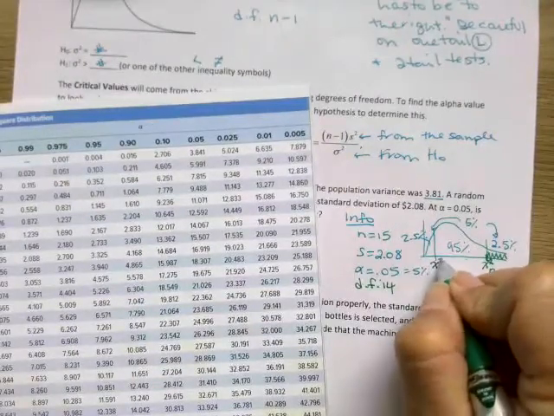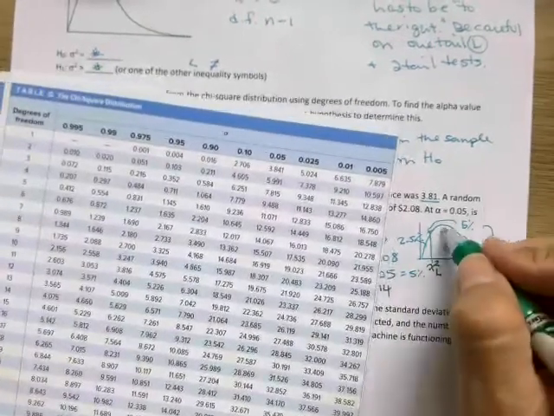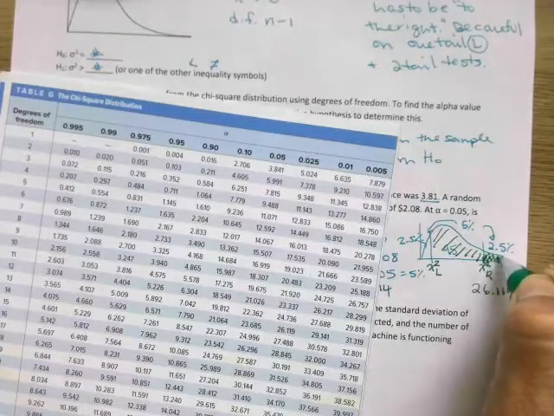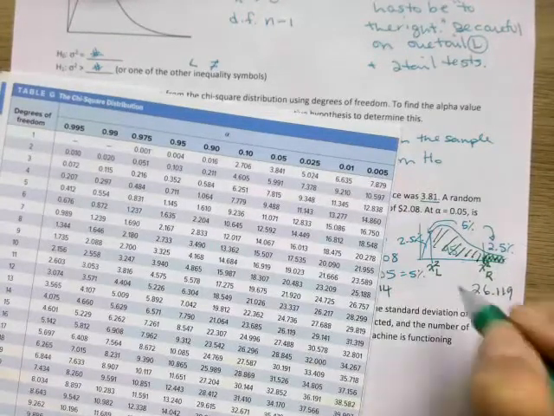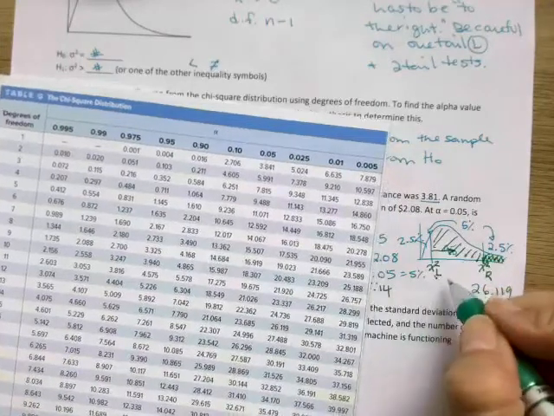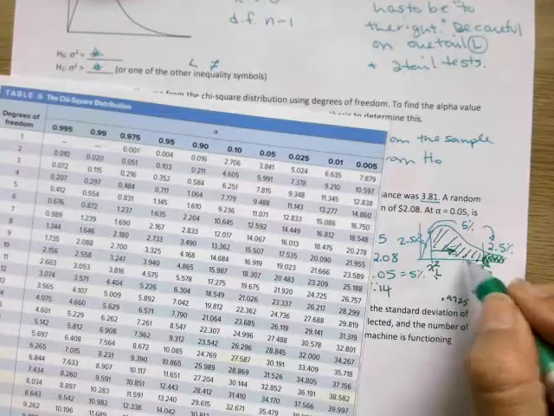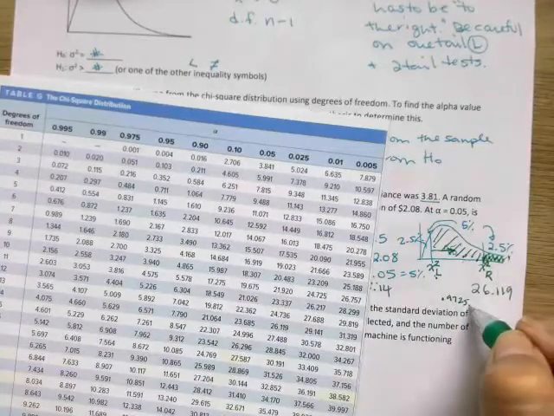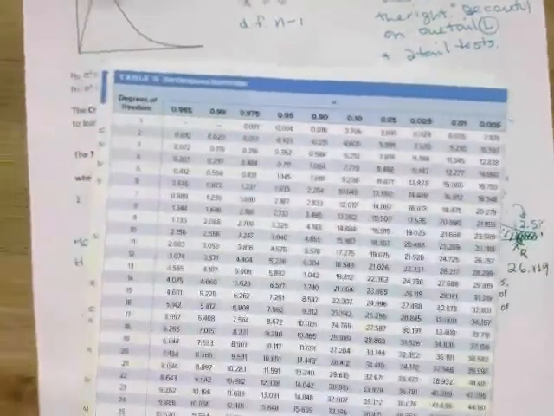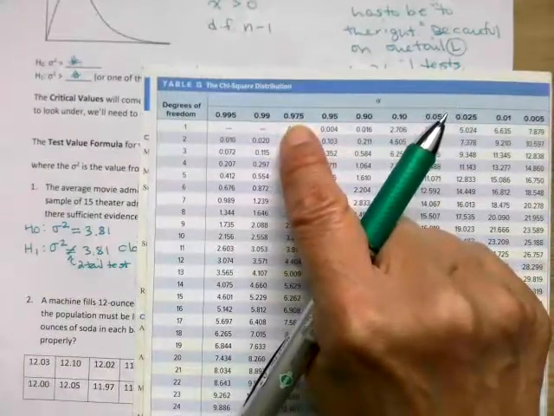Now for the chi-square left value, the area to the right of that line is the 95 in the middle plus the 2.5 over there on the right. So the area I want to look up to get this chi-square value is 0.975. The 95% plus the 2.5% gets me that 97.5. I know it's getting kind of crowded in there. Sorry about that. So here's my 0.975.